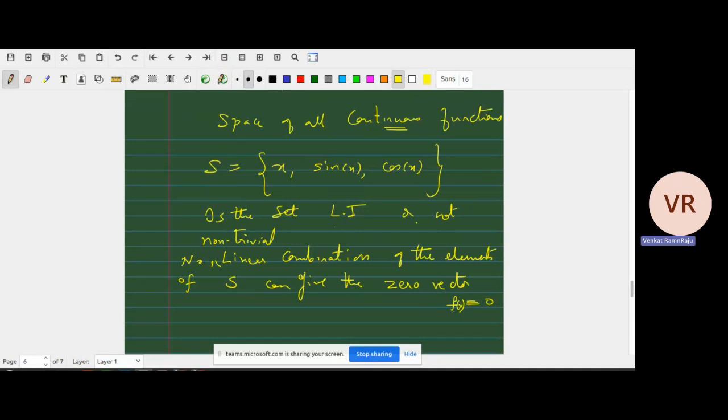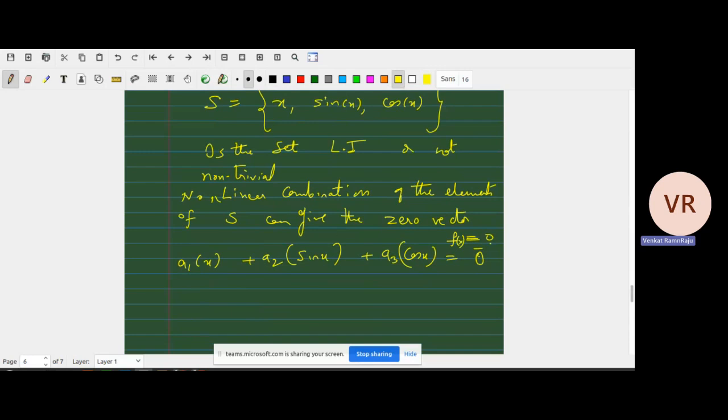So can you get 0 by any linear combination of these unless you use the scalar 0? The only way to get 0 is by using a1 equal to a2 equal to a3 equal to 0. That is, a1 times x plus a2 times sin x plus a3 times cos x will become the zero vector if and only if a1 equals a2 equals a3 equals 0.